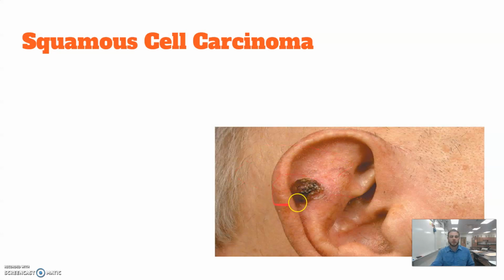Squamous cell carcinoma, here's an image here in this ear that we have here. Kind of a nasty looking thing. That basal cell carcinoma definitely looked a little bit nicer. But this squamous cell almost could look like a really, really bad mole, maybe. And moles are definitely something that you do need to check for skin cancer, and we'll talk about ways to identify skin cancer on the next slide.